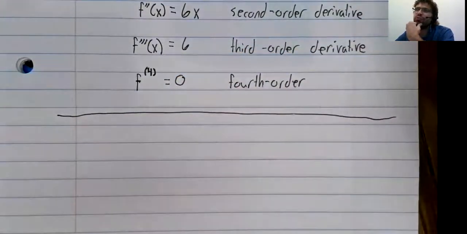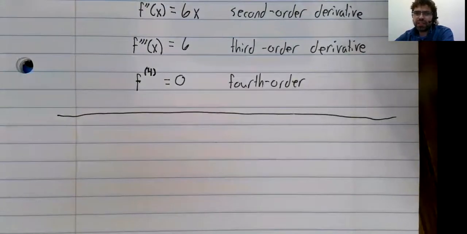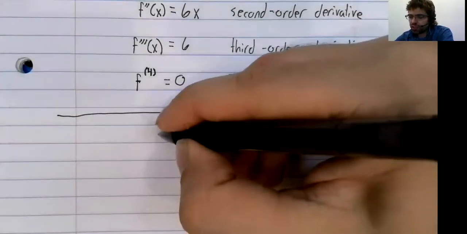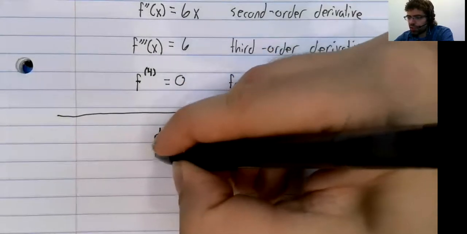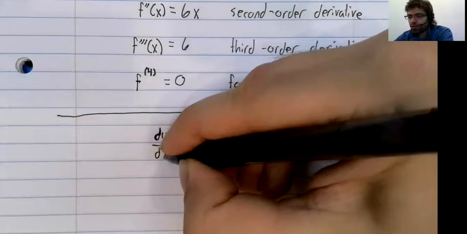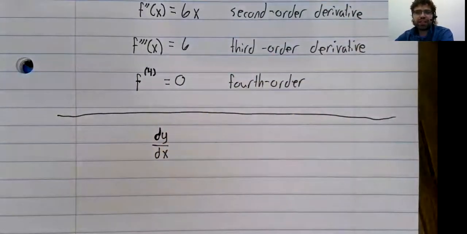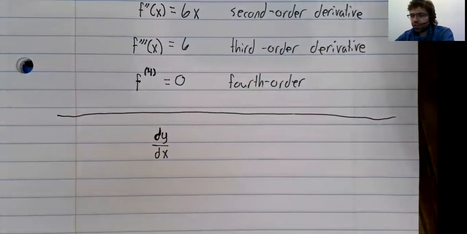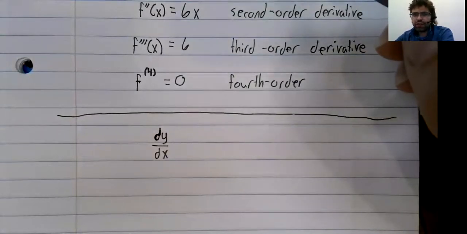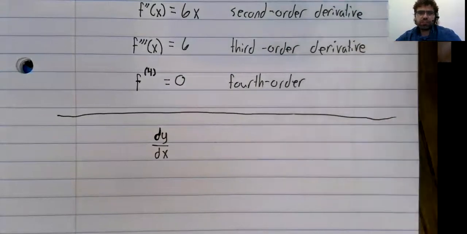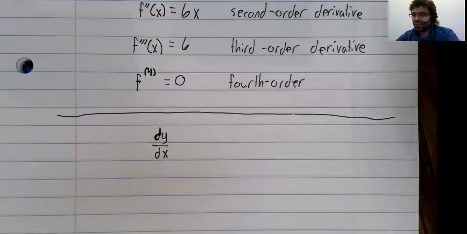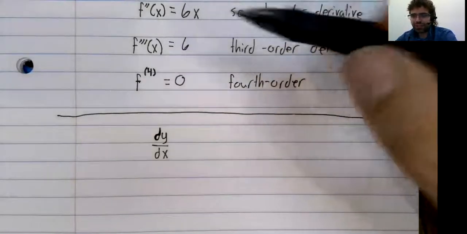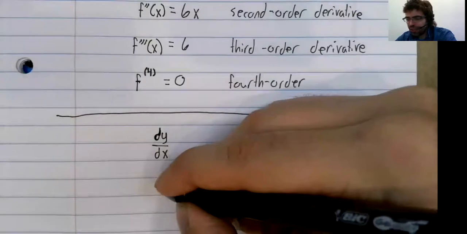If we're using our Leibniz notation, remember, we can write the derivative like that. Then our notation for the second derivative, I don't like this notation as much as this notation.